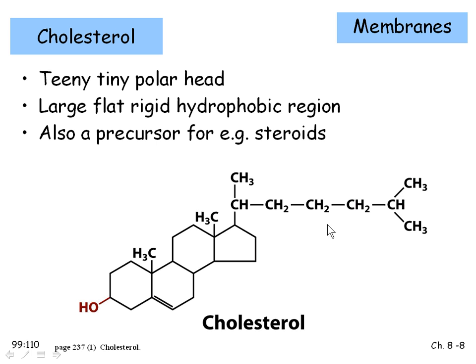It's got this tail hanging off of it that is free to flap in the breeze, but is branched, so that makes it a little more awkward. And it has this itty bitty, itsy bitsy teeny weeny polar group. So where the other membrane lipids had phosphate and stuff, cholesterol only has that little alcohol sticking off.